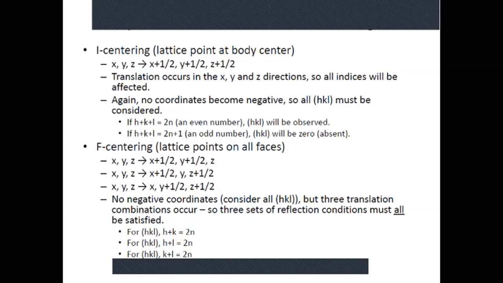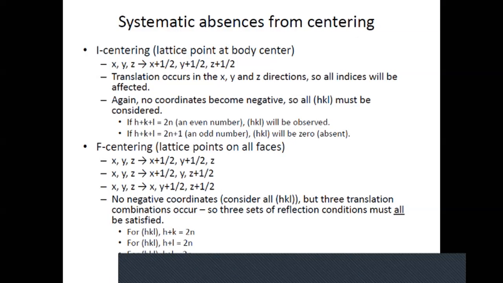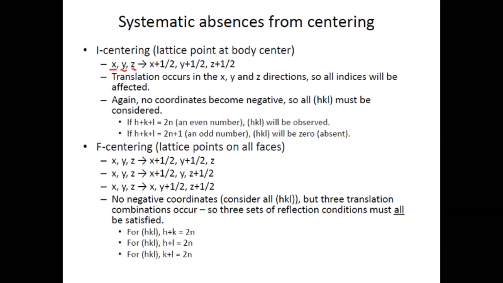So with body centering and face centering, again, if we look at body centering, we have X, Y, and Z, then we translate a half along each direction. So since we translate in all three directions, there's no coordinates that are negative, so we have to include all the HKL values.